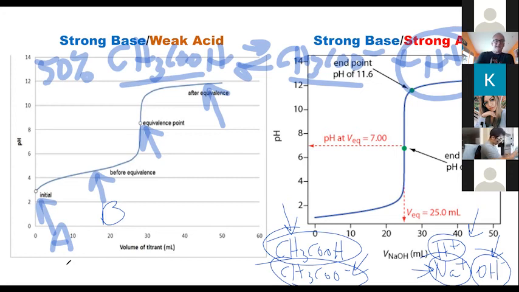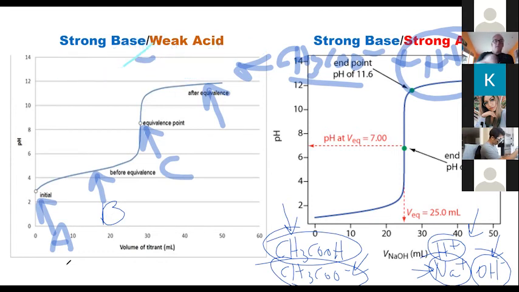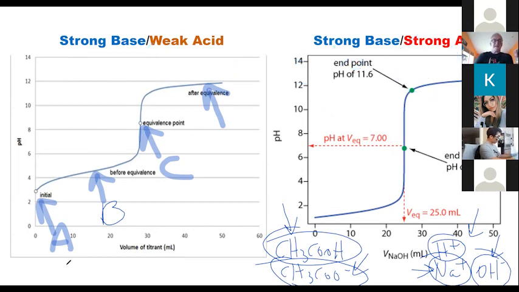So that takes us to C. So at C, what's going to be my concentration of acetic acid at the equivalence point? It's going to equal the concentration of the sodium hydroxide, right?